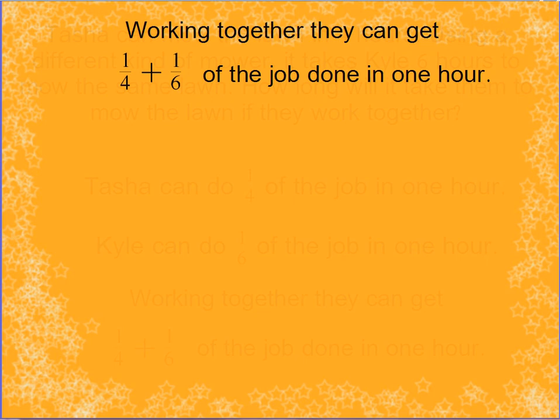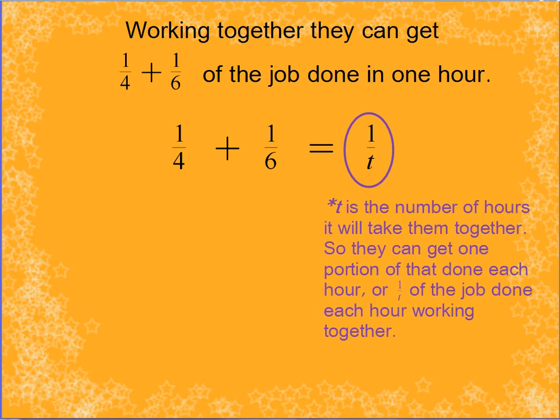We're going to take that combined rate and we're going to set it equal to 1/t. And I know that looks a little funny. T actually stands for time. In this case, it's the number of hours it will take them to get the job done while working together.